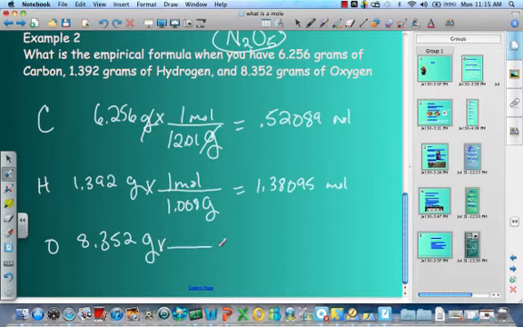All right, let's convert oxygen now. It's 1 mole divided by 16 grams. All these numbers I got from the periodic table. 8.352 divided by 16 gives me about 0.522.